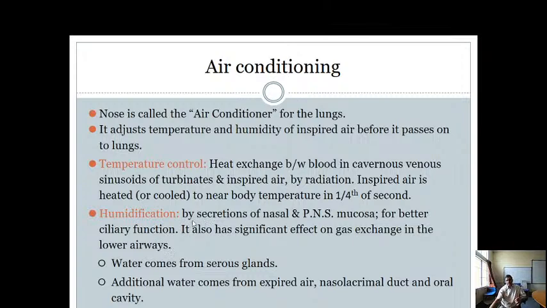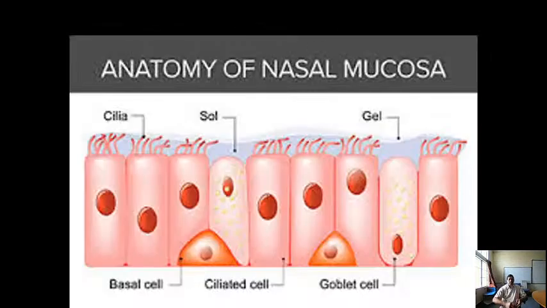Then humidification is usually done by nasal secretions, which are serous and mucoid secretions, and I think I showed you the mucous membrane. This is called pseudostratified ciliated columnar epithelium, and you have these serous and mucus producing glands here, and these are the cells which contain the cilia, and the mucus that is being produced is of two different varieties.